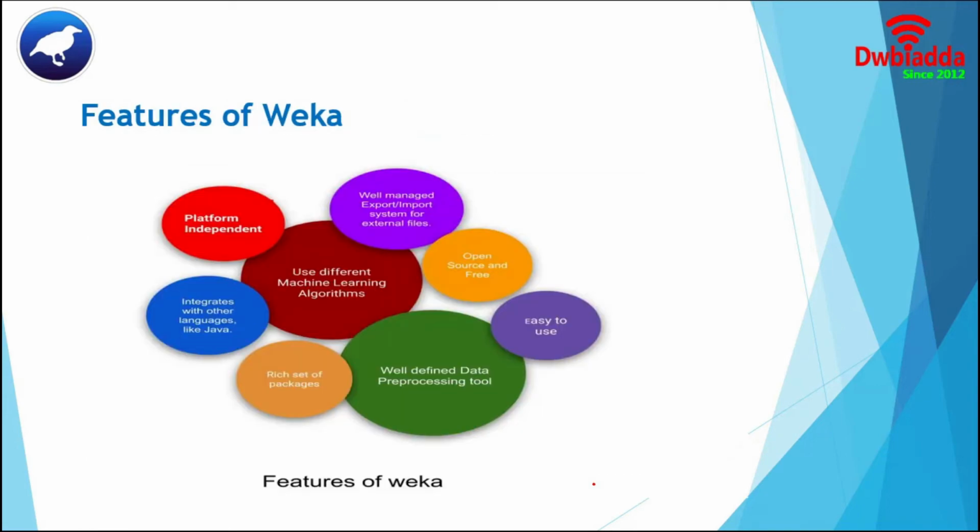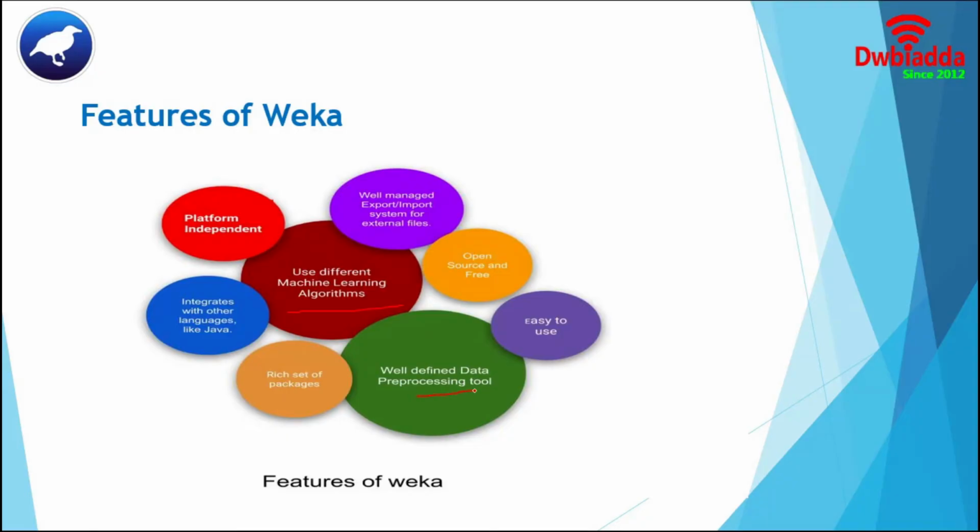In this section, we are going to explain the important features of Weka. Weka supports both supervised and unsupervised machine learning algorithms. We can use 100 plus regression and classification algorithms and around 20 plus clustering algorithms in data analysis. Weka is really a well-defined data preprocessing tool.